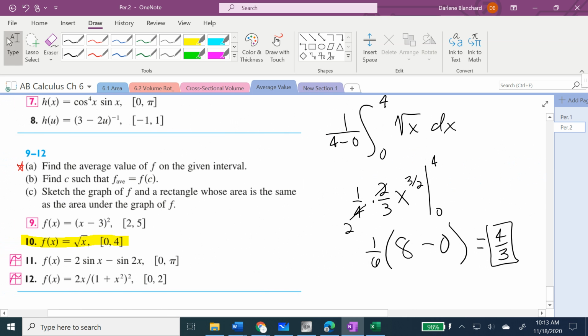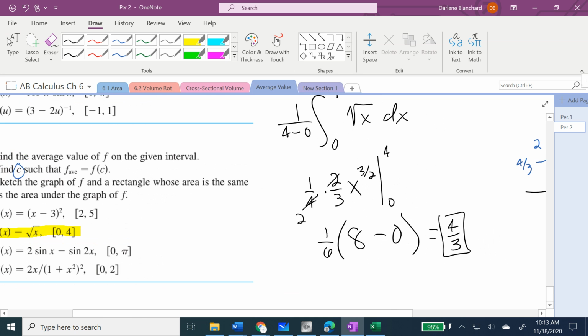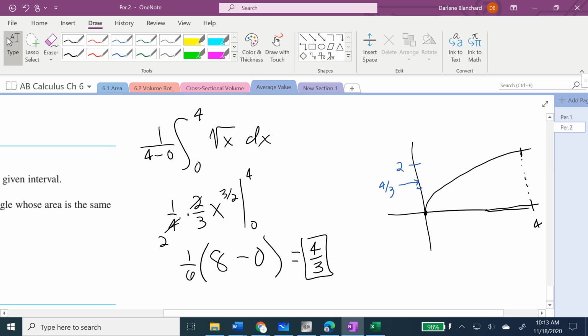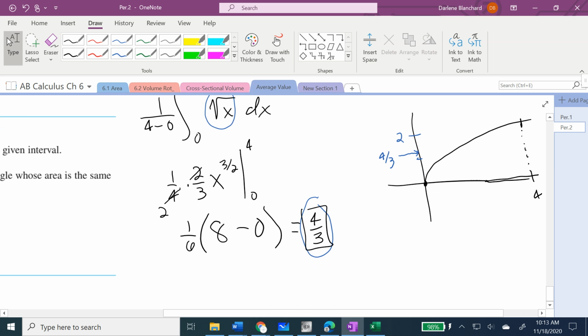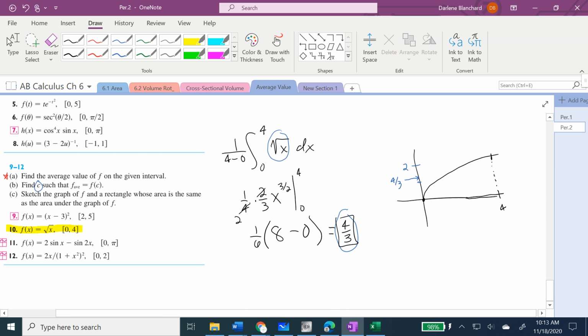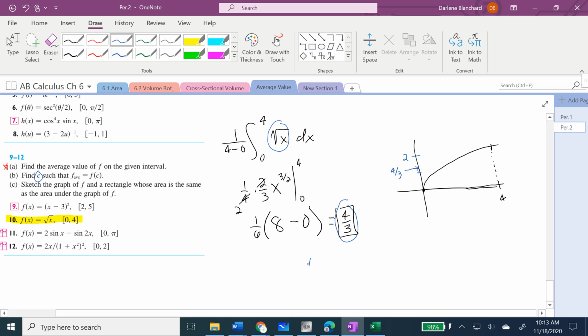Now, the second thing they're asking you to do is find the c such that f average equals f of c. So what you're going to do is take the f of x function, set it equal to the average value, and solve. So root x, when does it equal 4/3? When x is 16/9. And 16/9 is a little shy of 2.